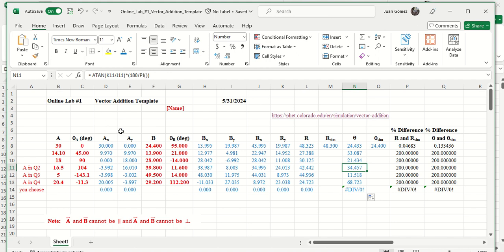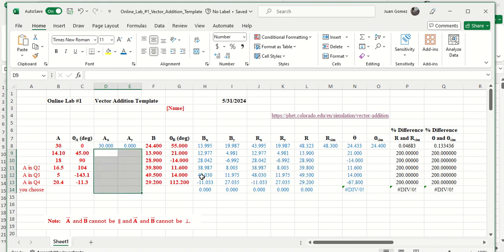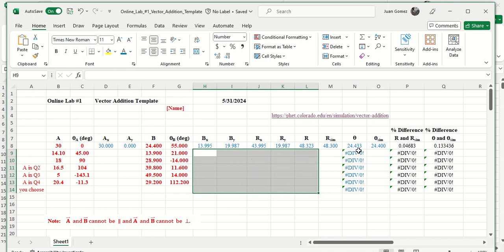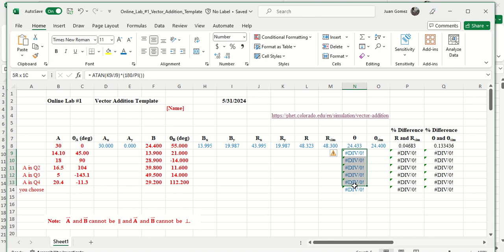Now in the future, I'll have you enter the formulas yourself. But I thought for this first time, so let me go ahead and... There. So that's the template. So you're good to go. Oh, here we can delete this.